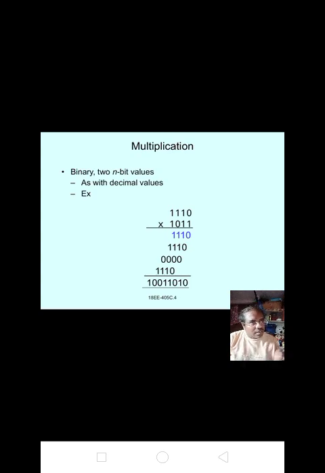You know that in normal multiplication we want to add. Here 0 plus 0, 1 plus 0 is 1, and 1 1.